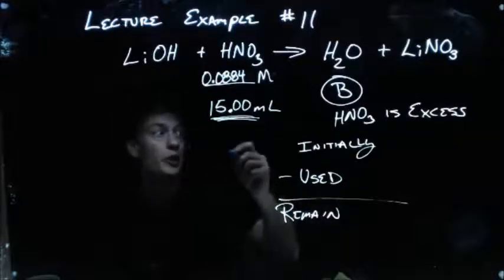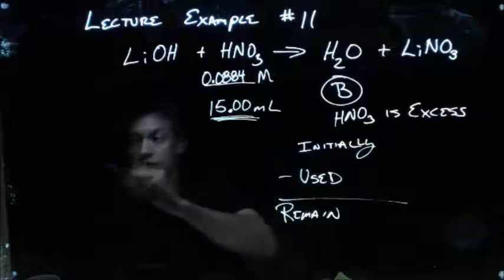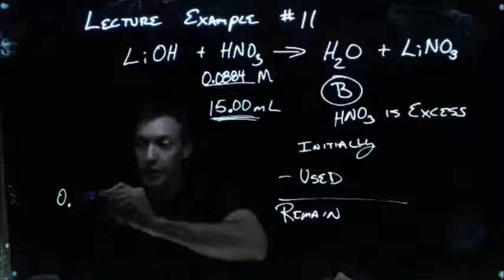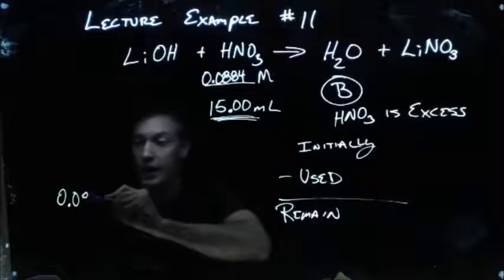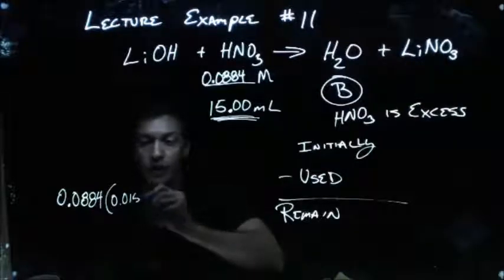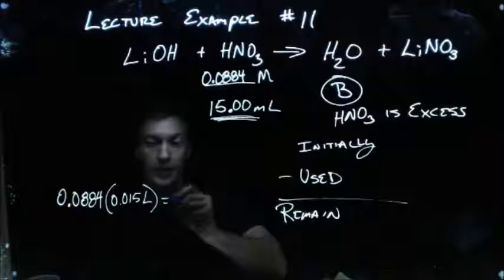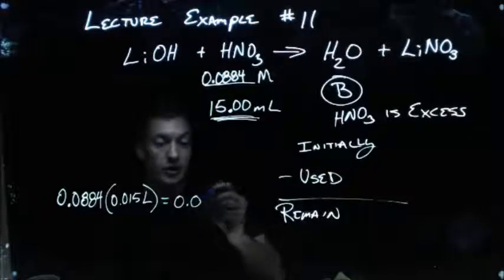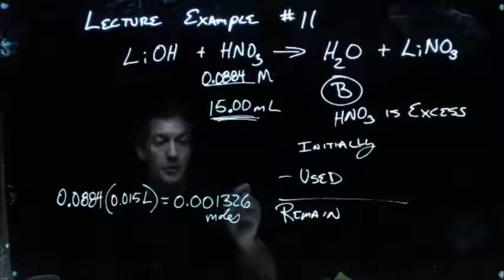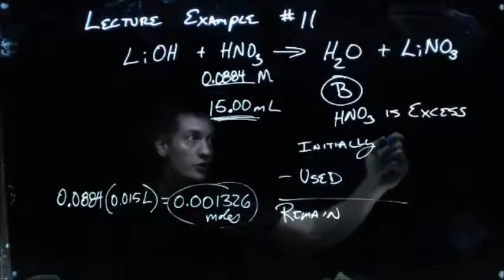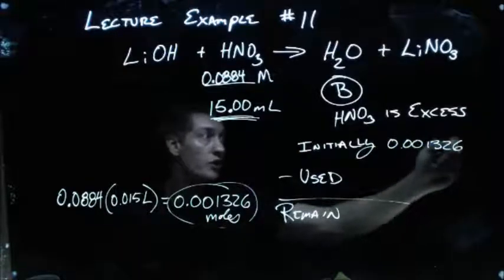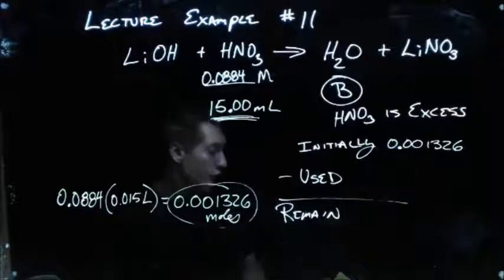So we actually know how much we had initially because we found that in the first part. It's going to be 0.0884 molar times 0.015 liters. And so that comes out to be 0.001326 moles. So that is going to be our initial 0.001326 moles of nitric acid.